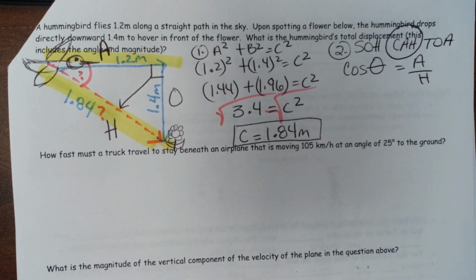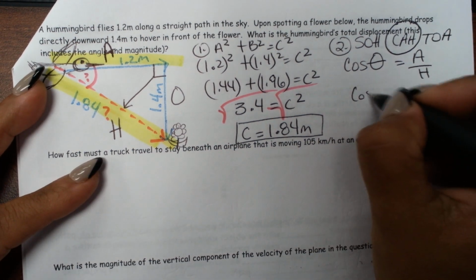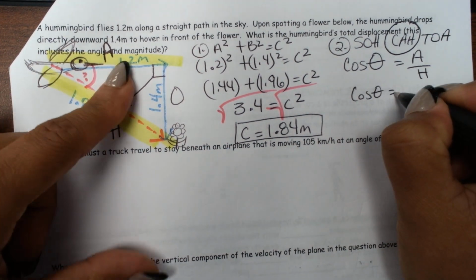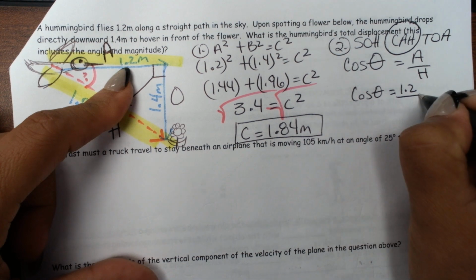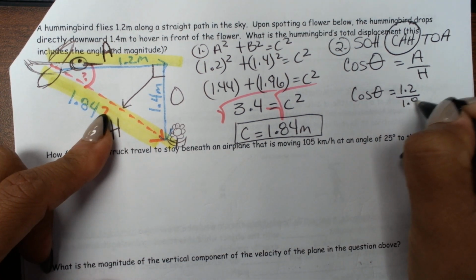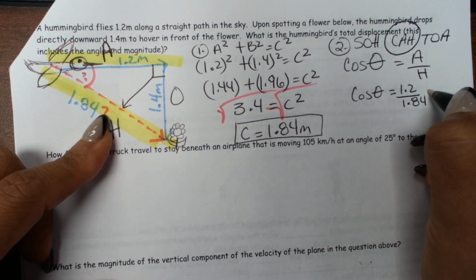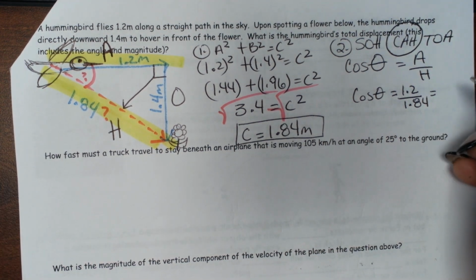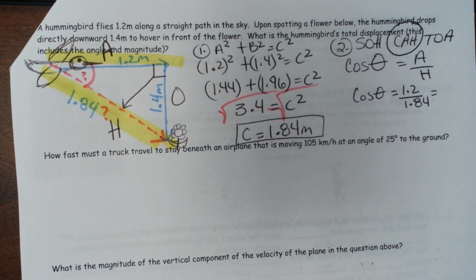I stop and ask myself, is my equation set up for success? It absolutely is. So I'm going to just plug it in. The cosine of theta equals A of 1.2 over 1.8, or 1.84. I'm definitely going to need your help because last period we did the tan, so I don't have the cosine.